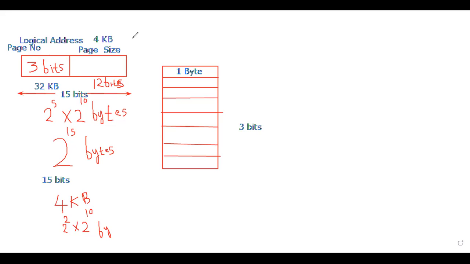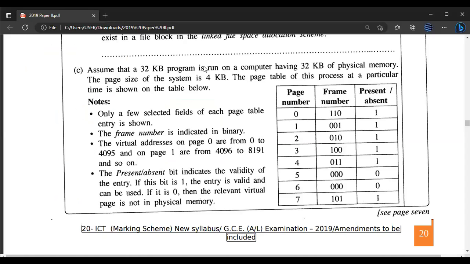Also they are giving the physical address. In the question it is mentioned that a 32 kilobyte program is run on a computer having 32 kilobyte of physical memory.